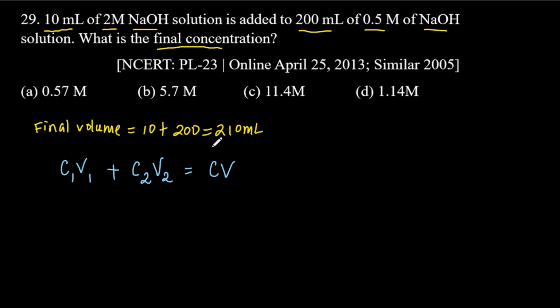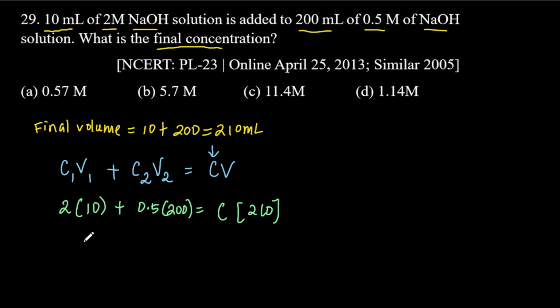So the concentration of the first solution is 2 and its volume is 10 ml, plus the concentration of the second solution is 0.5 and its volume is 200, which is equal to C, the final concentration we don't know, into the final volume, which we have calculated as 210.